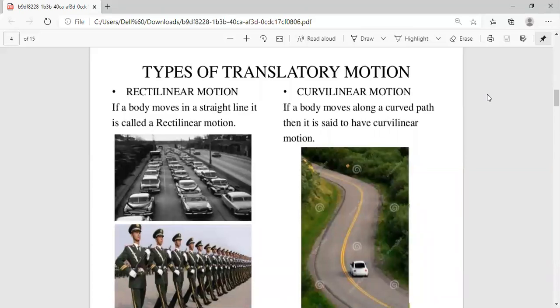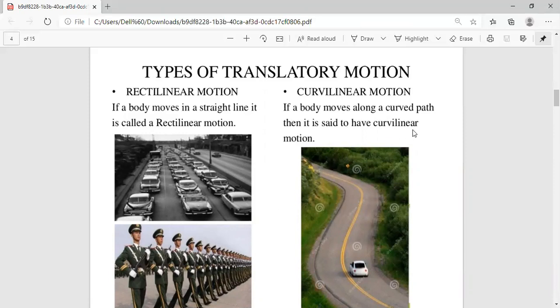You can see in the figure that rectilinear motion is there when the cars are moving on a road in a straight line. And on the other hand, during the parade, the soldiers move in a proper straight line. So this type of motion is known as rectilinear motion.